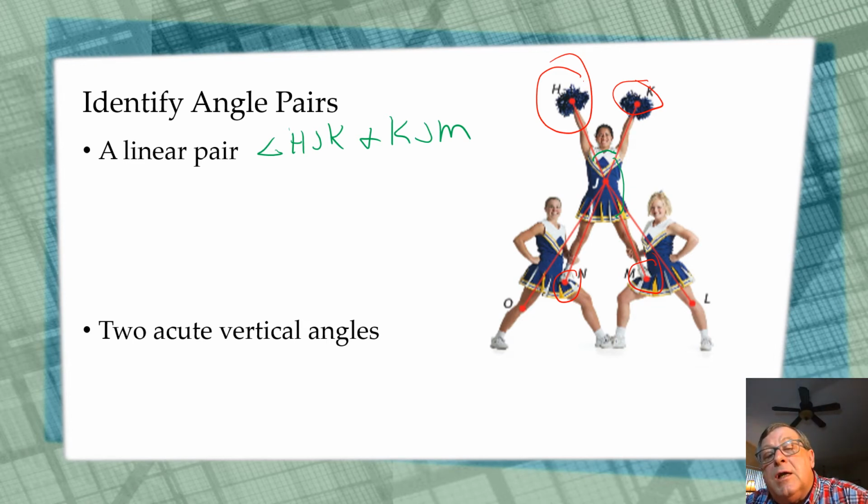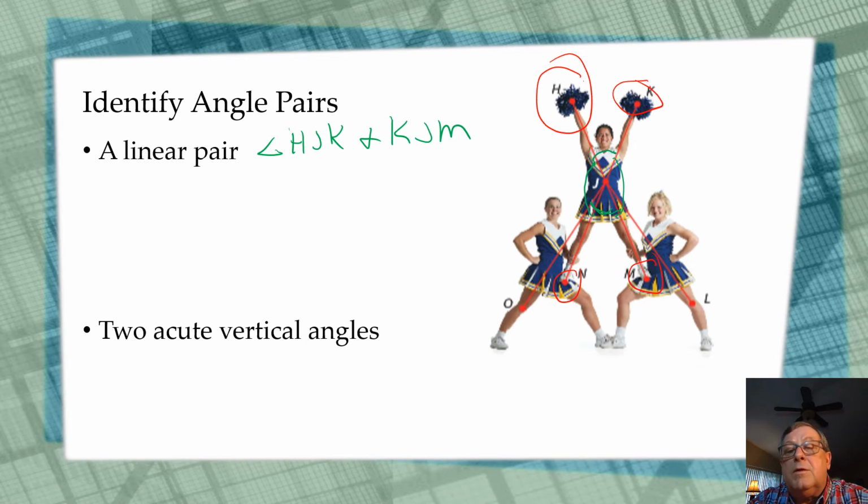If I go NJH, this angle right here, and MJ, yeah, right here, MJN, this angle, those two form a linear pair.